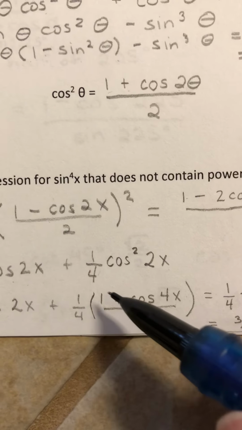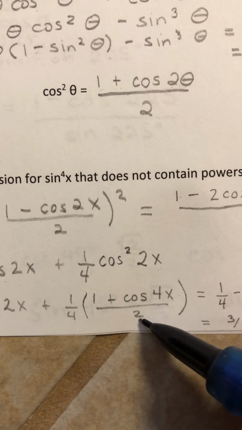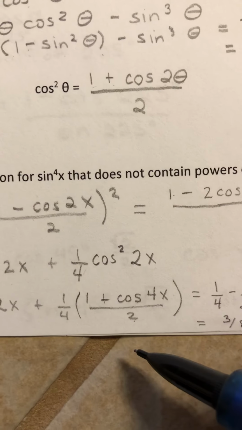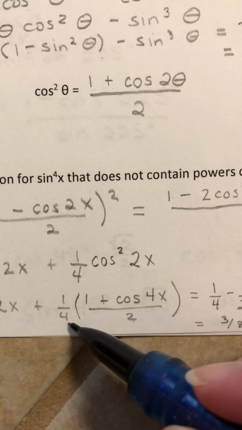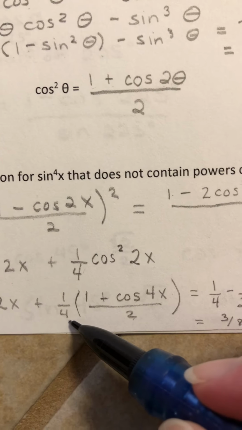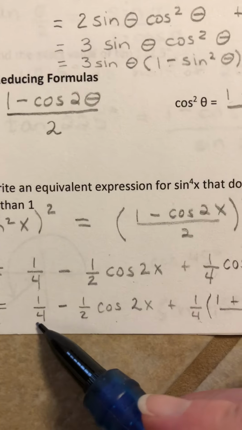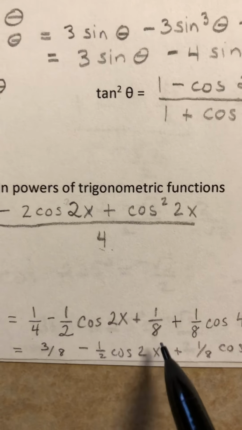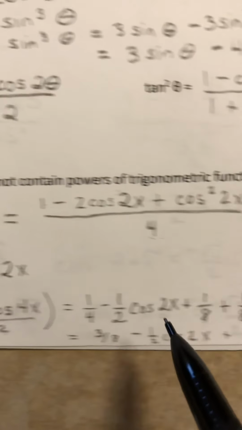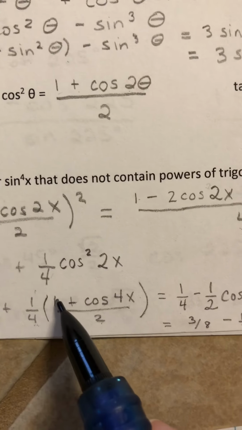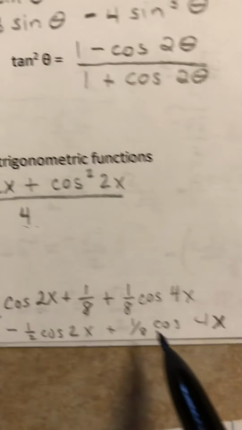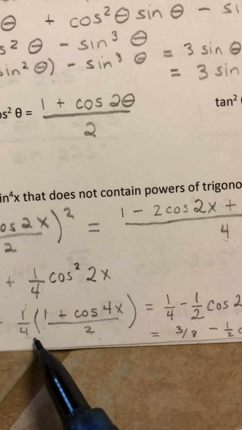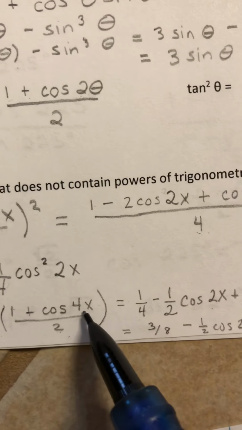From here, I'm going to take 1 divided by 2 and cosine 4x divided by 2, so that I'll have 2 terms. Multiply both of those terms by 1/4. So rewrite this. That's what I did here. I rewrote those. And the 1/8 comes from taking 1/4 times 1/2. And then the 1/8 cosine 4x comes from taking 1/4 times 1/2 cosine 4x.